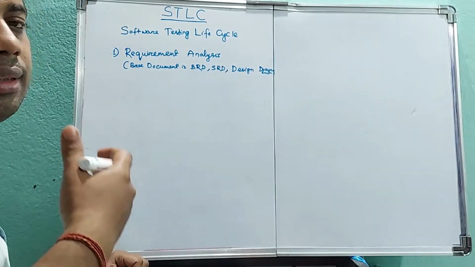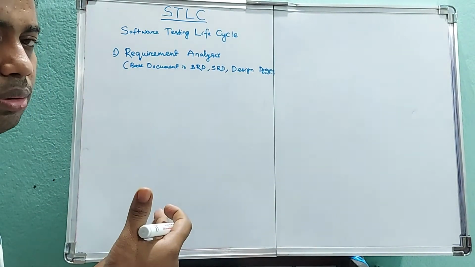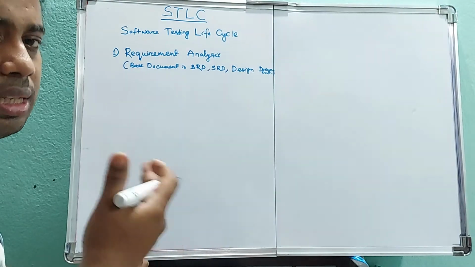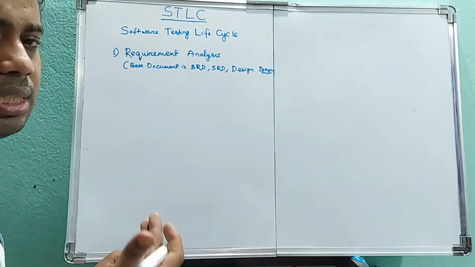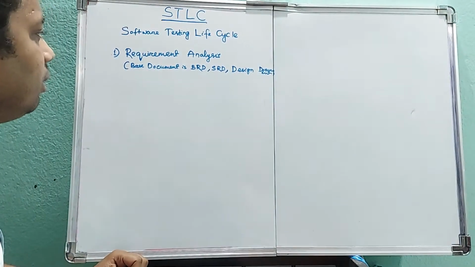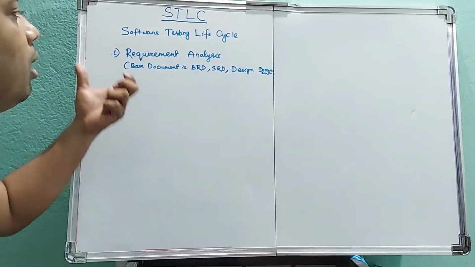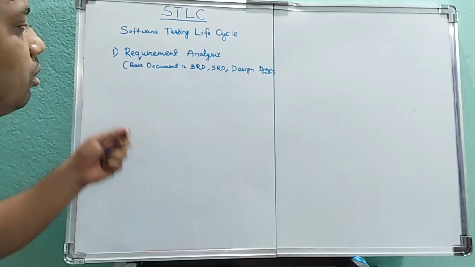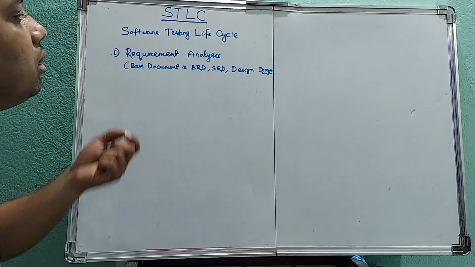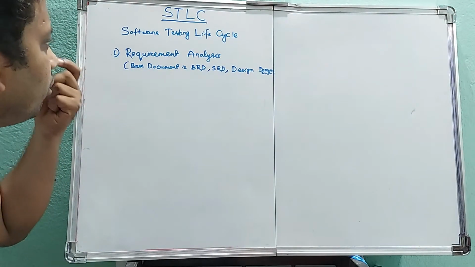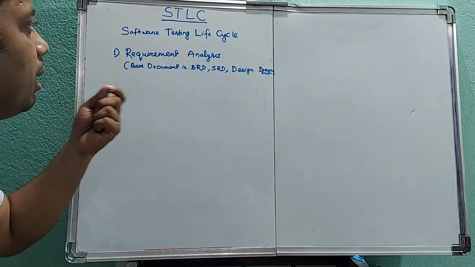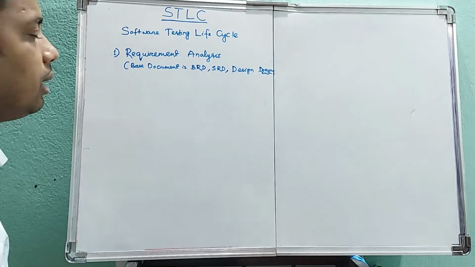Those kinds of issues we can find out, and this is also one type of testing known as static testing. So from requirement analysis itself, our testing process starts. That's why this is known as the first phase of the testing life cycle.